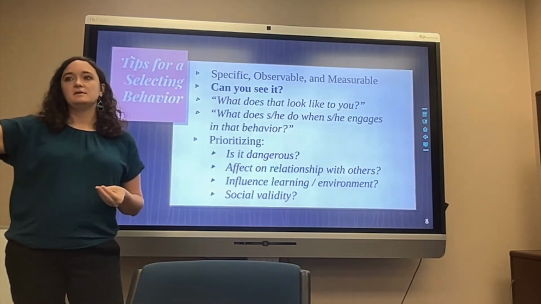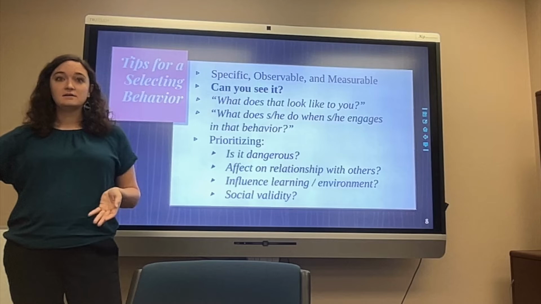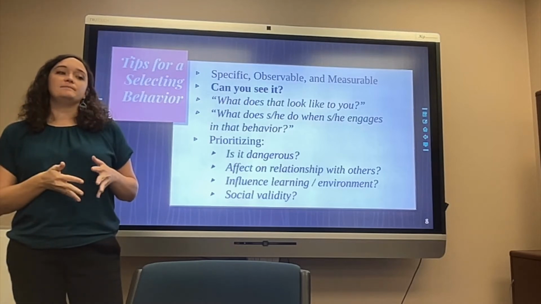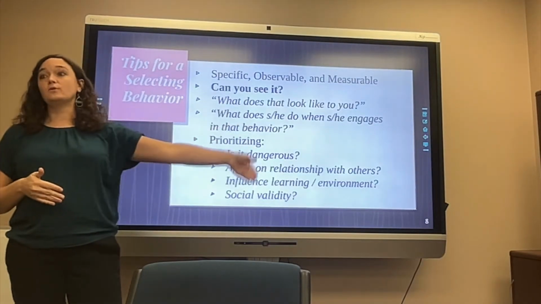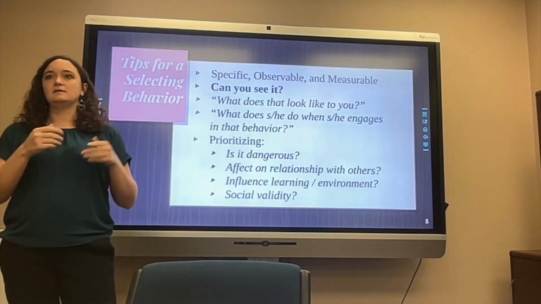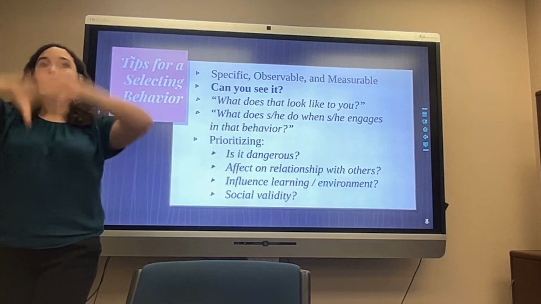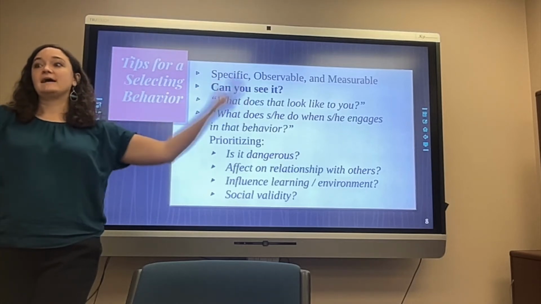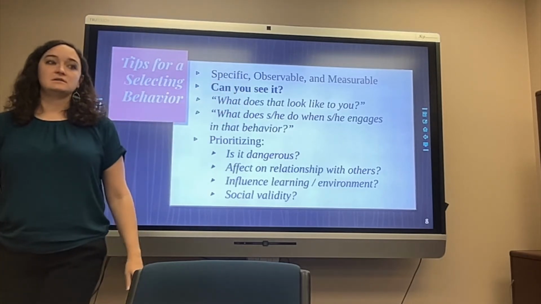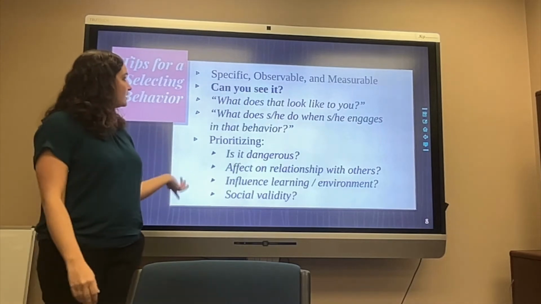They won't pick the behavior that's really a barrier to the student because they prioritize the one that's more annoying to them. And so really focusing on, is there a dangerous behavior, or is there a behavior that if you change it, it opens up their environment. It gives them more access to other settings or communities. Those are the behaviors we want to prioritize.